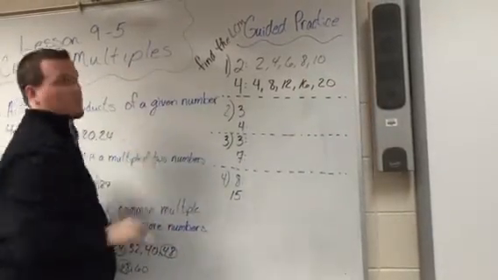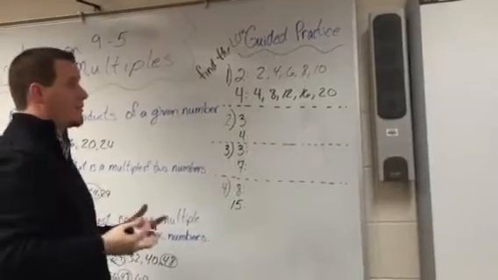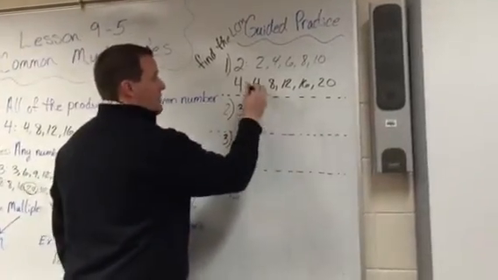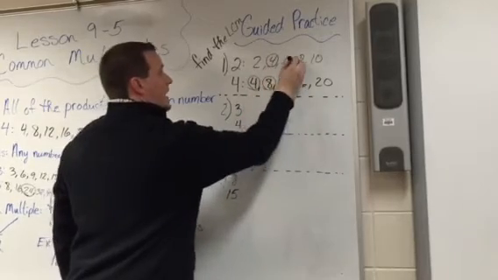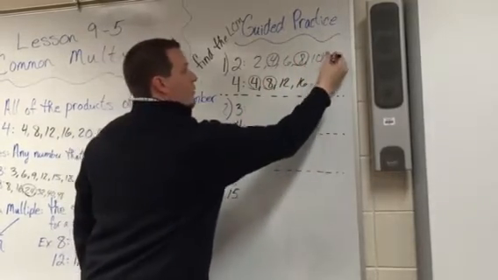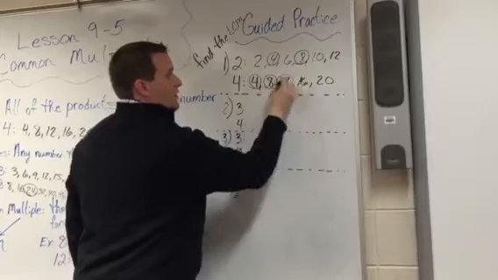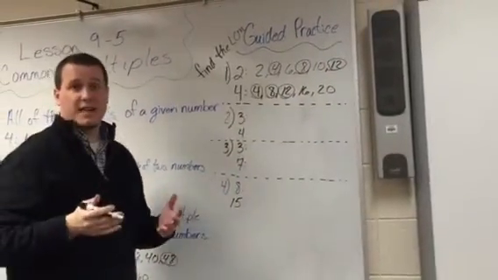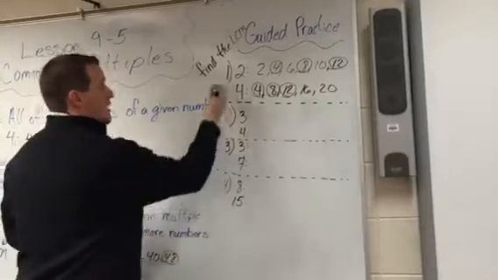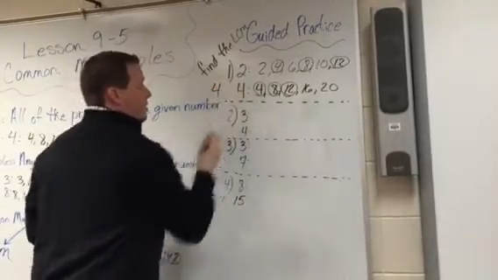So the LCM is going to be the lowest or smallest common multiple. So I find all the common multiples I can. I see 4 and 4, 8 and 8, and if I went one further, I'd have 12. There's 12 and 12. But again, I'm only looking for the LCM, or the least common multiple, so my answer for number 1 is 4.